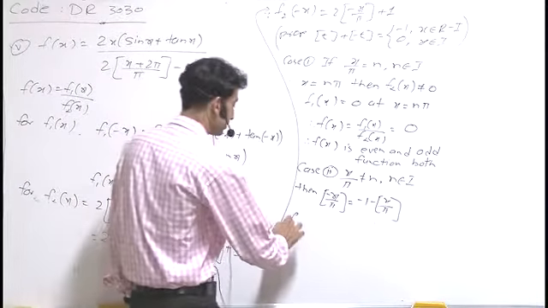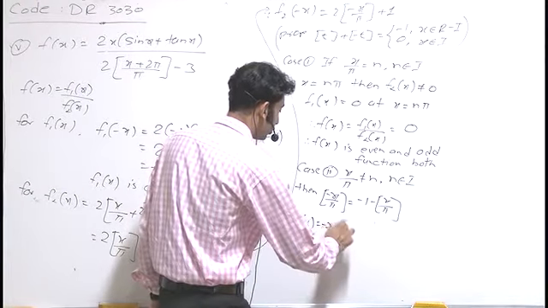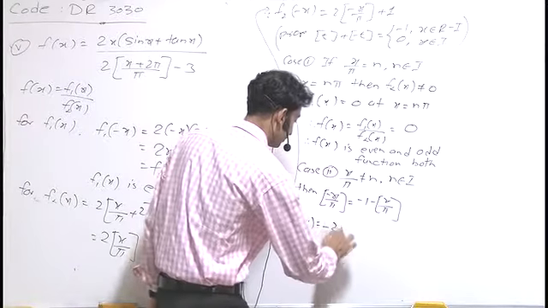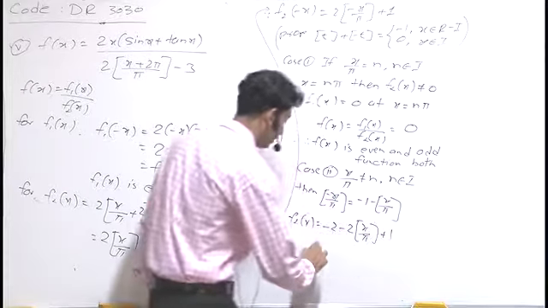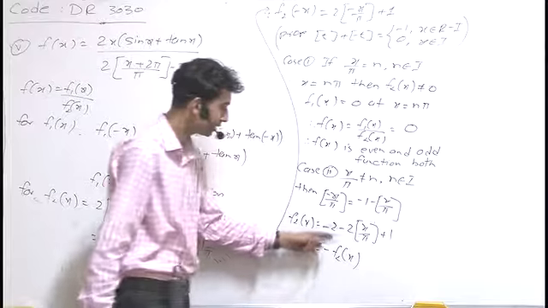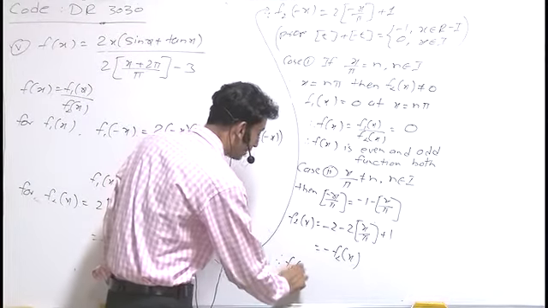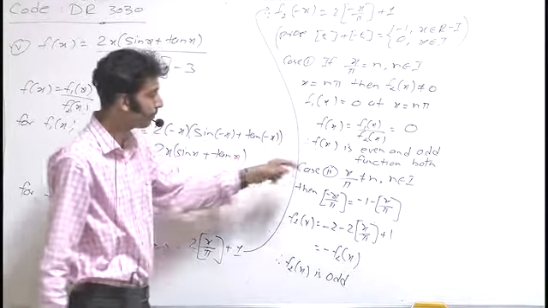Now f2(-x) can be written as -2[x/π] - 2 + 1, which gives us -f2(x). So therefore we can write that f2(x) is an odd function in case number 2.